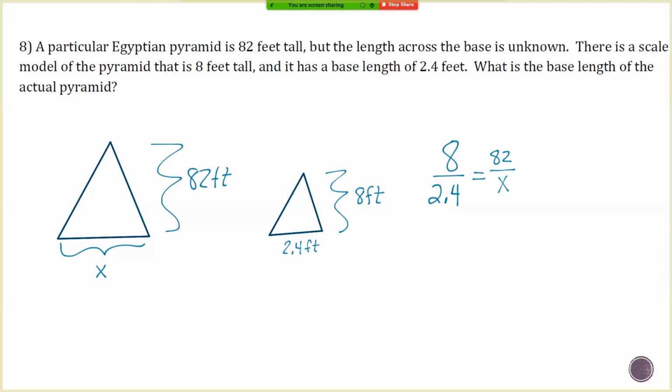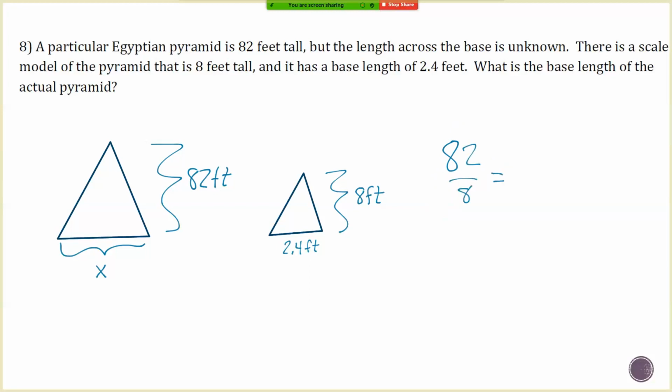Did you make your proportion? Did you have a fraction equals another fraction? What was it? Can you read it to me? The 82 over 8, and then equals the 2.4 times the bottom, which is all I did, opposite way. So you did 82 over 8, which is right.